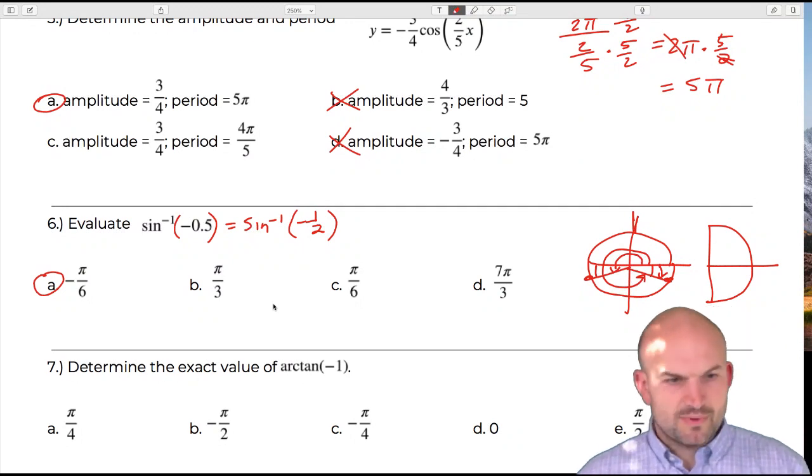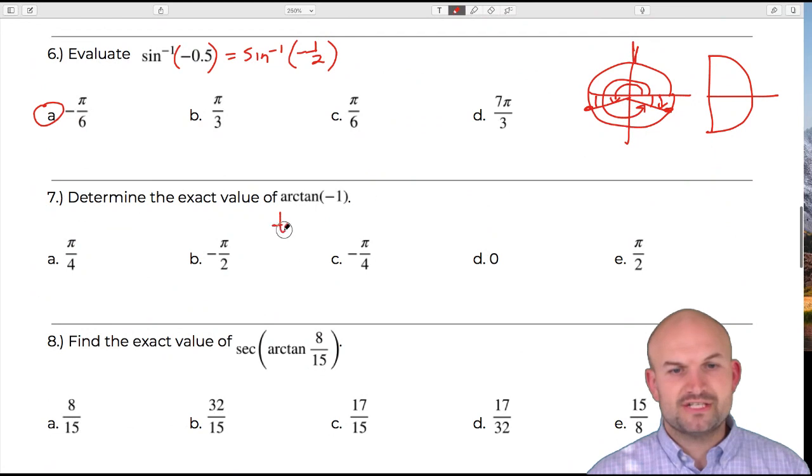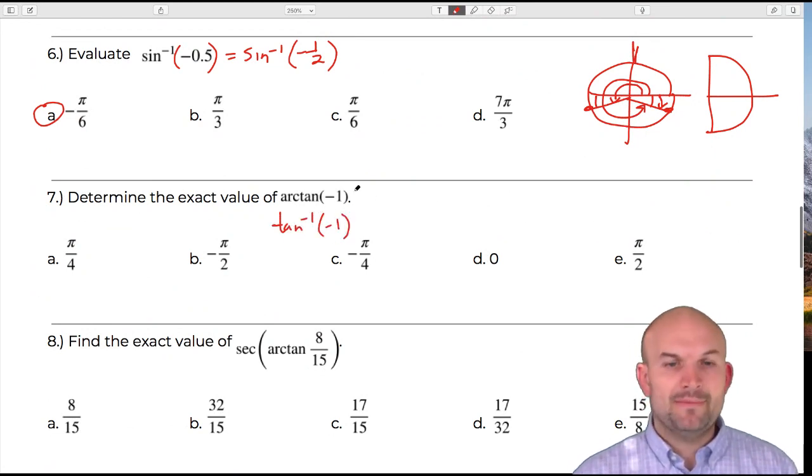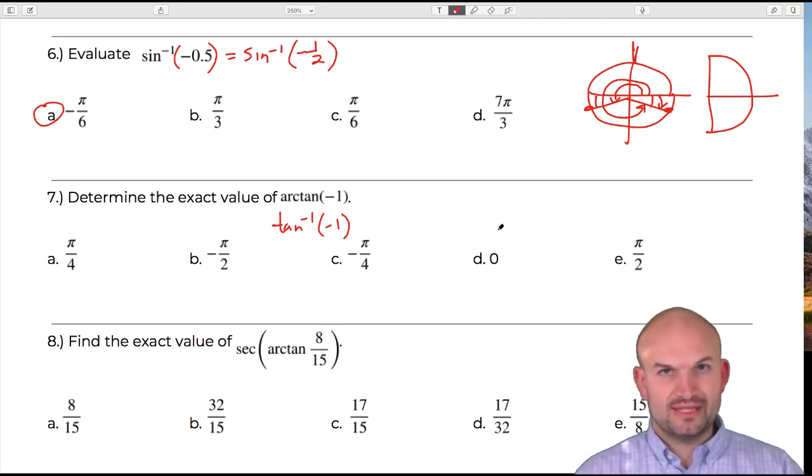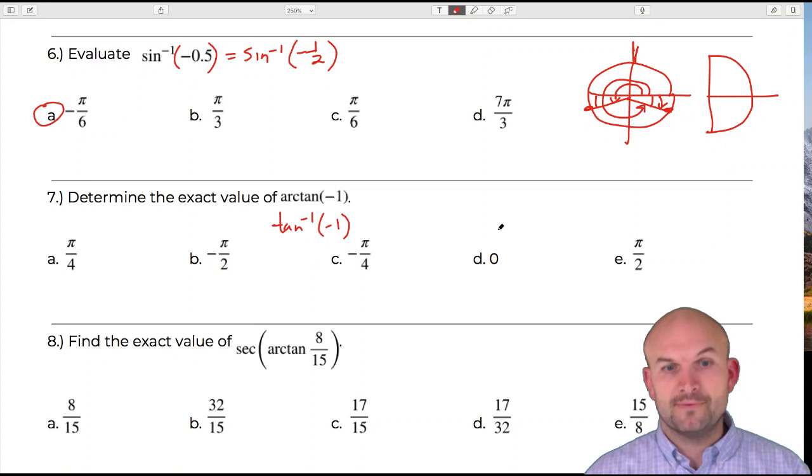All right, the next one is determine the exact value for arctan of -1. Tangent inverse of -1 is the same thing as arctangent. Remember, tangent is y over x. A lot of people get confused with the -1. They look at the x and y coordinates, but remember, it's the y coordinate over the x coordinate on the unit circle.